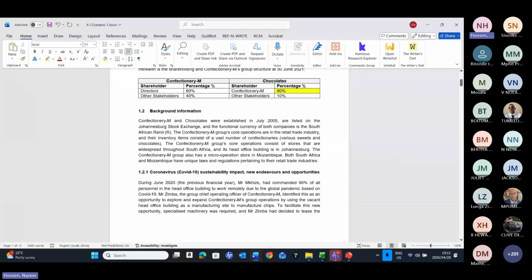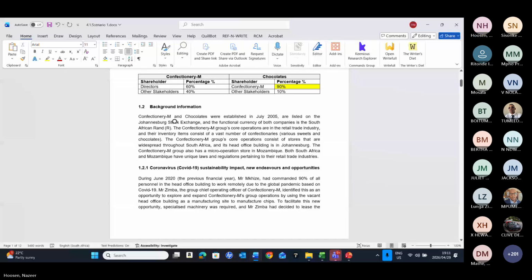1.2 Background information. Confectionery chocolates were established in July 2005 and are listed on the JSE. What comes to mind more often than not when one sees the JSE? It's the governance requirements.